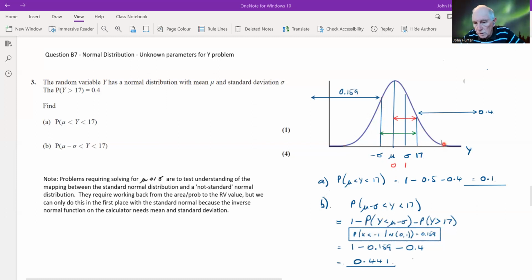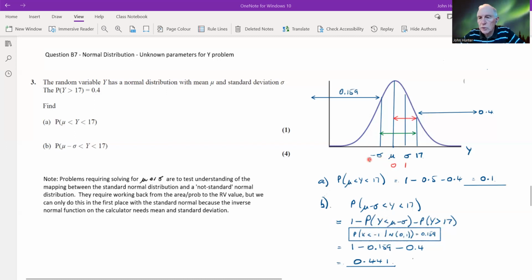Well, we know this already, we just use this 0.4. That's that area there. But what is this area? What this is saying essentially is, what's the probability of this random variable y falling below a value which is one standard deviation less than the mean?